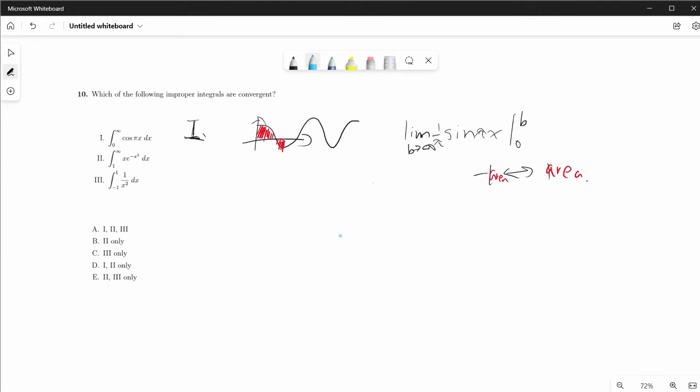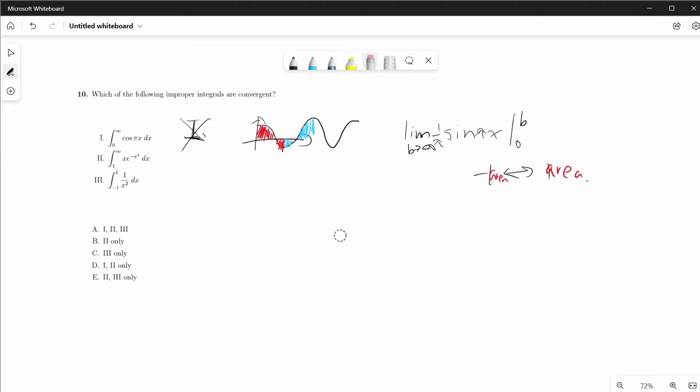Then it goes negative again, and gets canceled out by this positive. So you see the integral goes up and down a lot. This oscillation means the integral will never converge, because it's always oscillating to the end of the day. So number 1 does not converge.